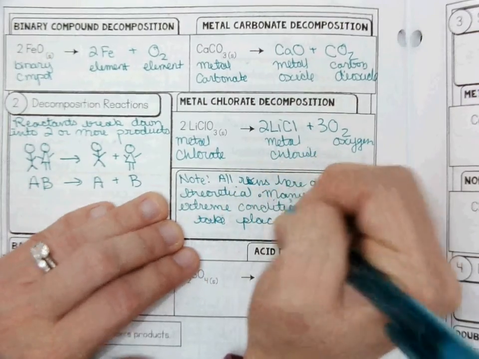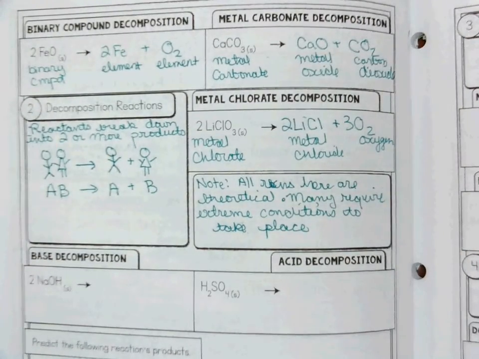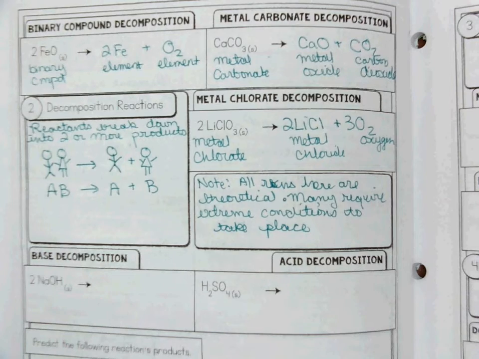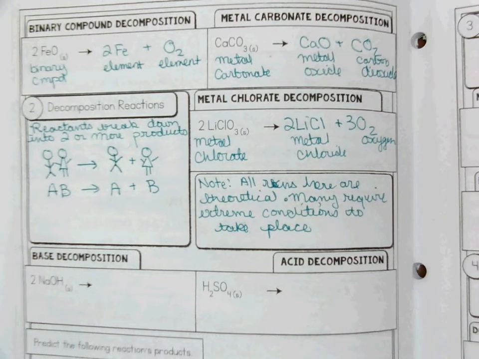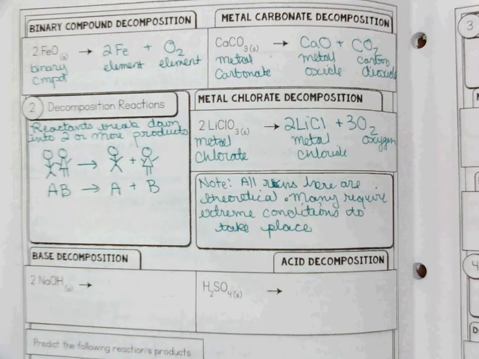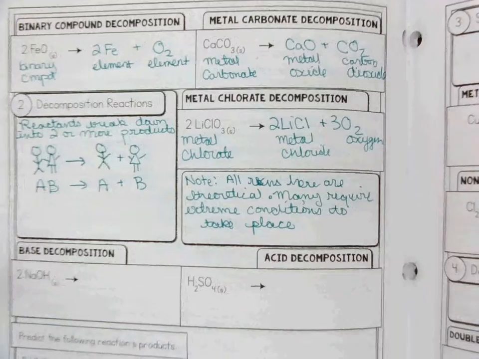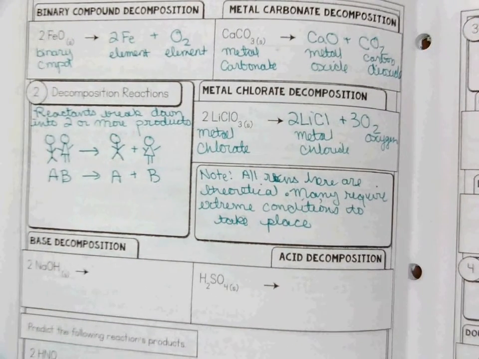So many of these reactions, though it looks like, oh, I just mixed this and I mixed this and I'm going to get this, that's not actually really what happens. Many times it takes high heat, high pressure, really crazy stuff in order for these reactions to happen. So these are all theoretical.